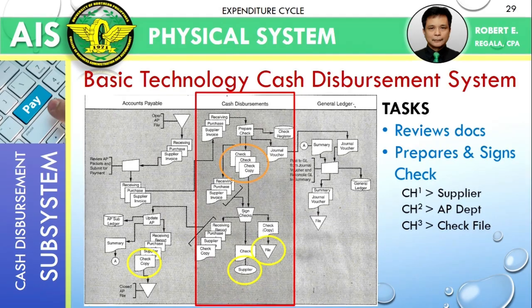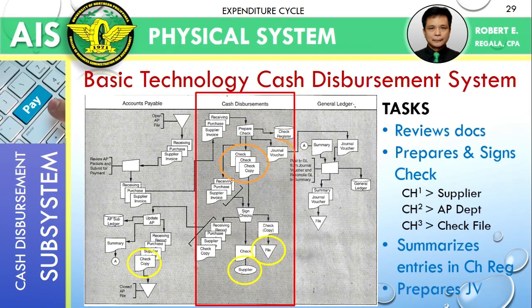The check, along with the supporting documents, goes to the Cash Disbursements Department manager or treasurer for his or her signature. The negotiable portion of the check is mailed to the supplier. The clerk returns the AP packet and check copy to the AP department and files one copy of the check. Finally, the clerk summarizes the entries made to the check register and sends a journal voucher to the General Ledger Department.